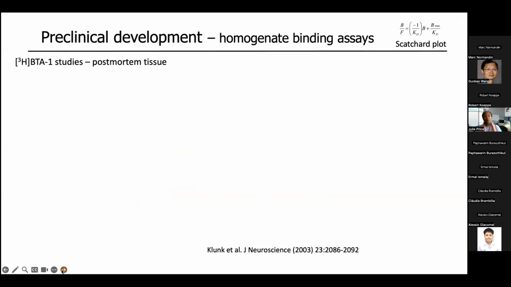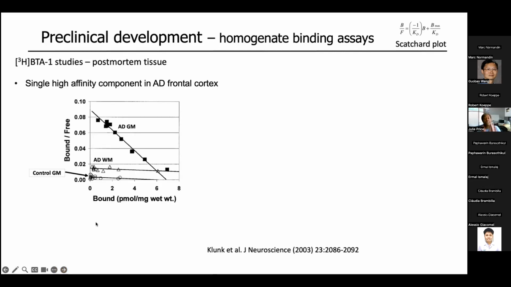I'd like to move now to the steps taken at Pittsburgh for the preclinical development of PIB. And again, the pharmacology is important in understanding the dynamic PET signal that you model moving forward. This is an example, again, of postmortem tissue homogenate binding assays, where we're able to incubate the tissue with the radiotracer according to specific protocols, and then later look at how much radiotracer was specifically or non-specifically bound to that tissue sample.